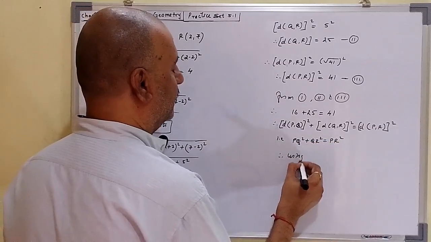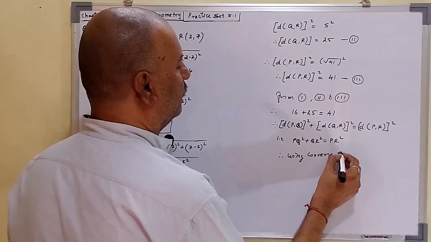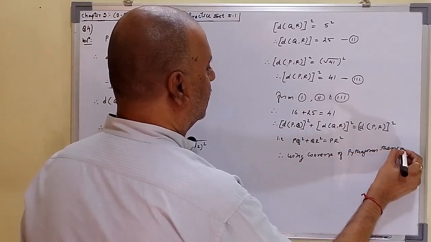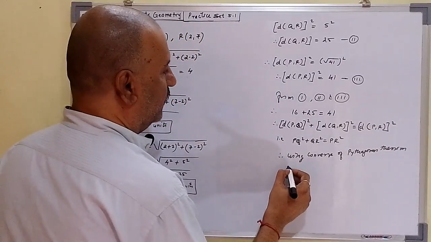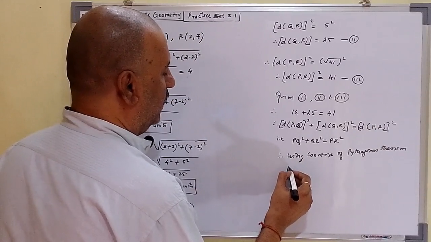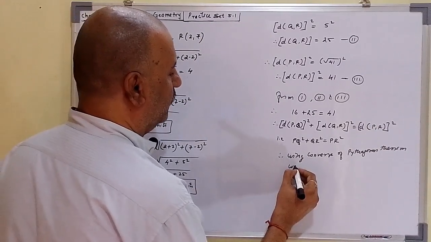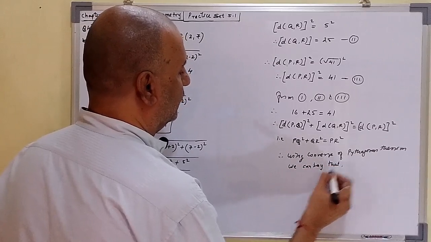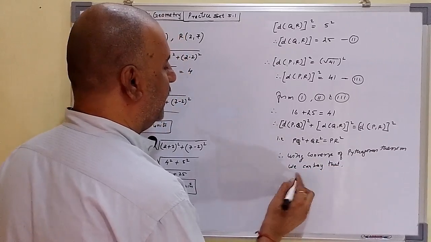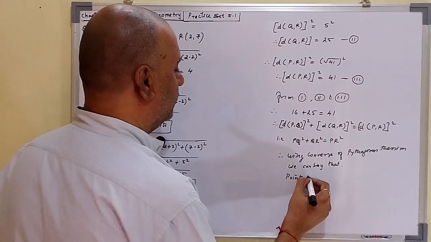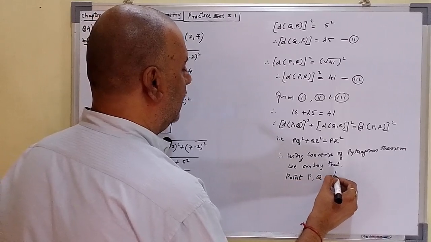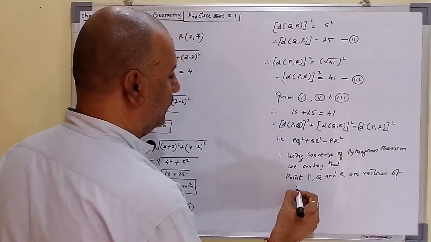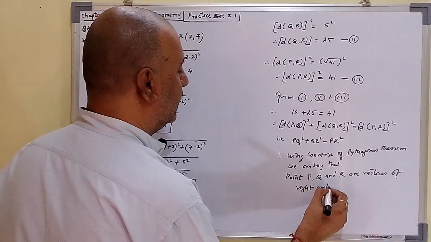Therefore, using converse of Pythagoras theorem, we can say that points P, Q and R are vertices of a right angled triangle.